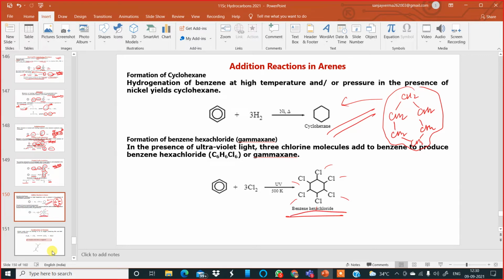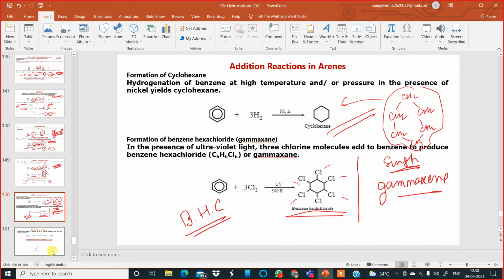So next time if you go to one of the horticulture shops in Kalimpong, on the main road there is a shop called Singh's horticulture shop, just opposite the police station. Ask for gamexine, that is the common name. They will give you BHC, the correct chemical name, benzene hexachloride, used for spraying.